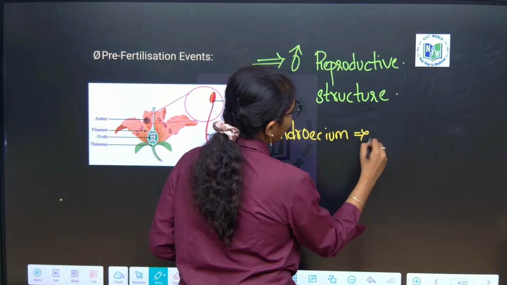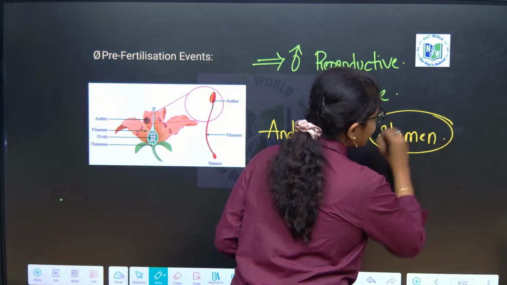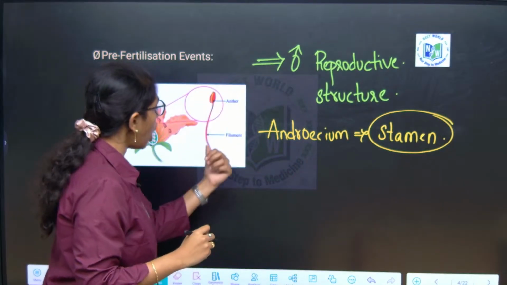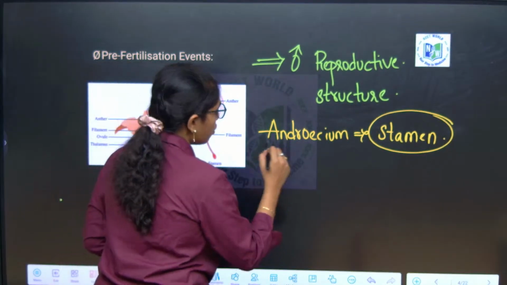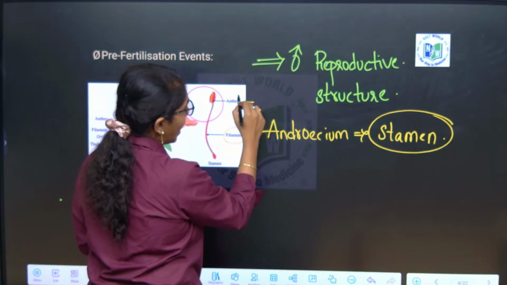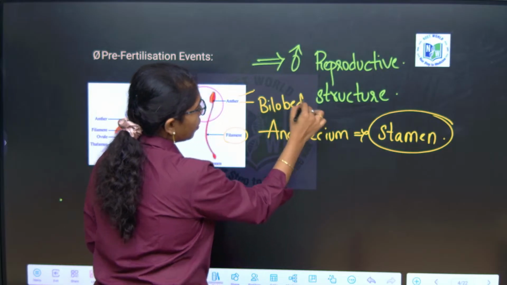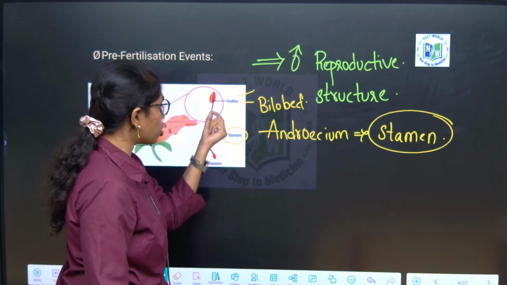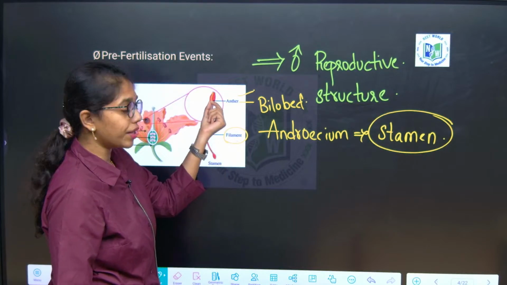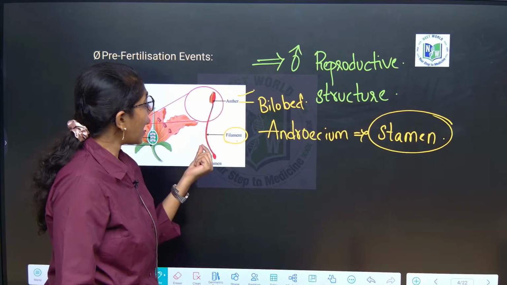You will also call it stamens. A stamen includes a long stalk called the filament, and at the terminal end it has a bilobed anther.